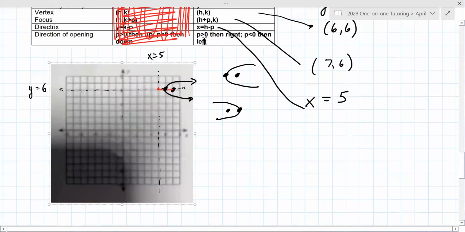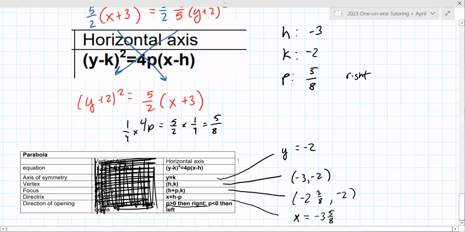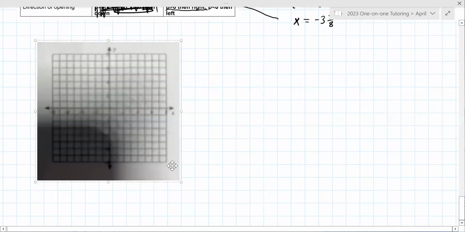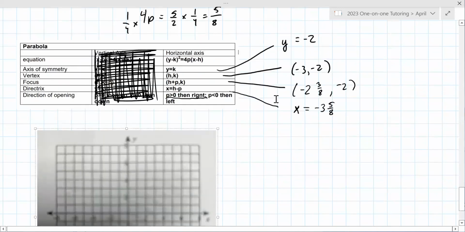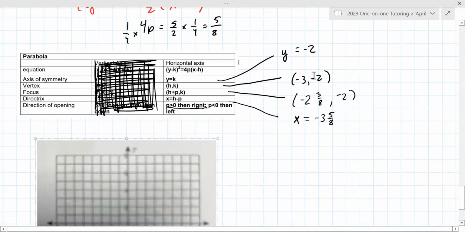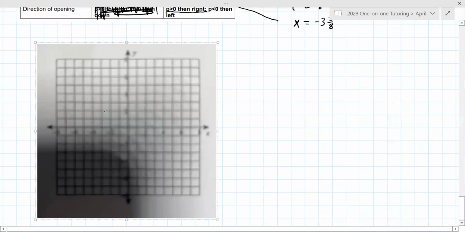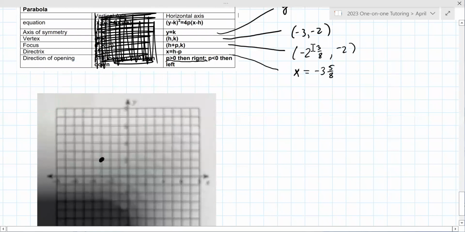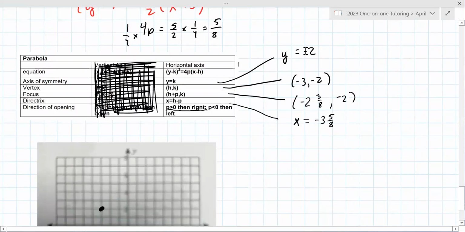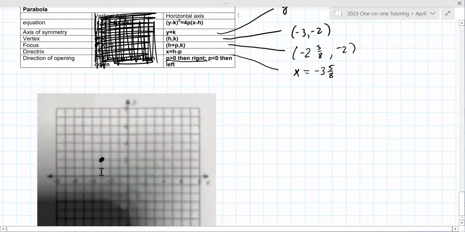All right, let me go grab a graph here and we'll look at this. I actually always start with the vertex, because that's your center point between the focus and the directrix. So -2 and 3/8, comma -2, and -3 and 5/8.